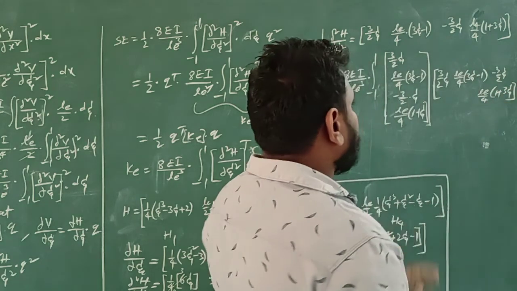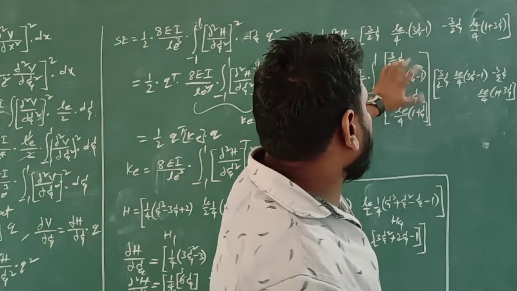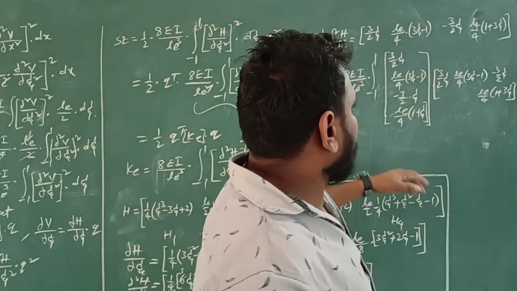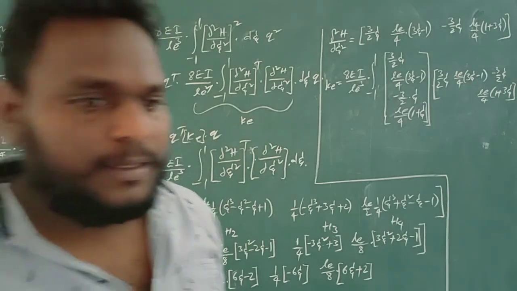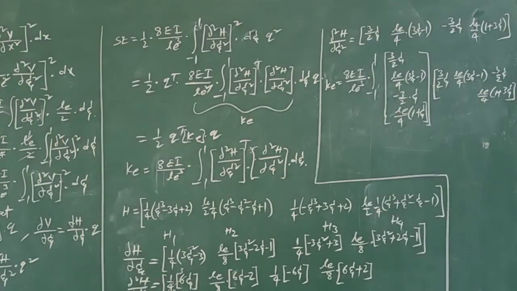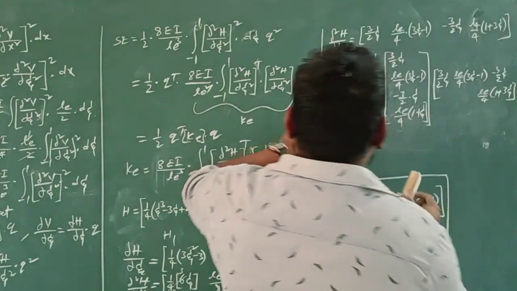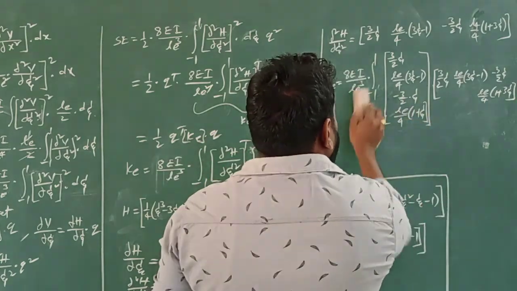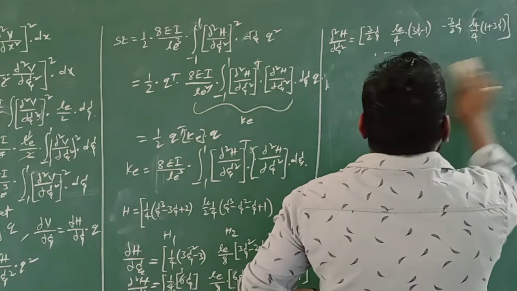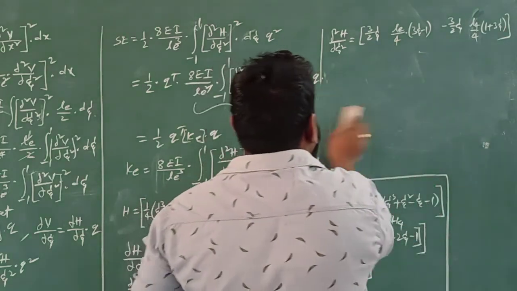Okay, multiply each one, it will become... just this time I would like to write in one line, so that's why I am arranging here.